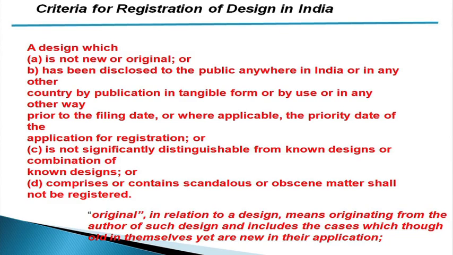Before that, just like, when we discussed the different forms of intellectual property, we always need to fix some criteria for registration of any kind of intellectual property, just like patents we already discussed.